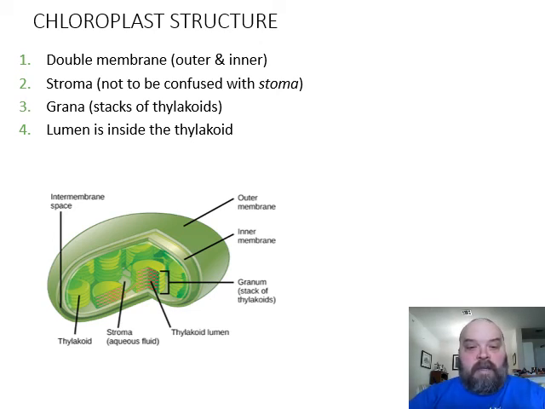That's what the green pancakes look like. Now, the thylakoids are hollow, so you're also going to have a separate area within them. This way we can pump things back and forth between the stroma, across the thylakoid membrane, into the thylakoid lumen. We can set up differences.